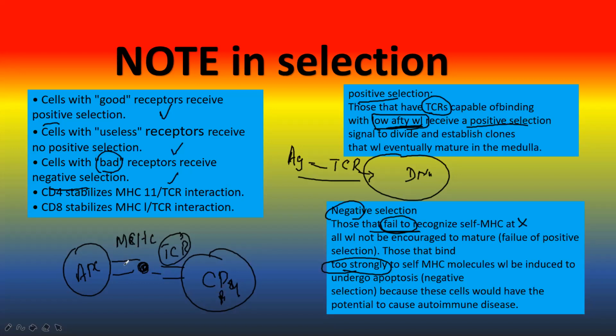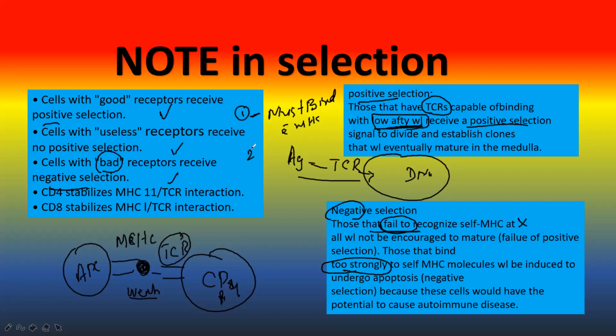Clear? How do I bind? It must be weak binding. Understand? Just receiving, not holding the MHC protein for a long time. Just receive the antigen and leave that MHC protein. The first condition for positive selection, to be part of the defense: the T cell receptor must bind with MHC protein.